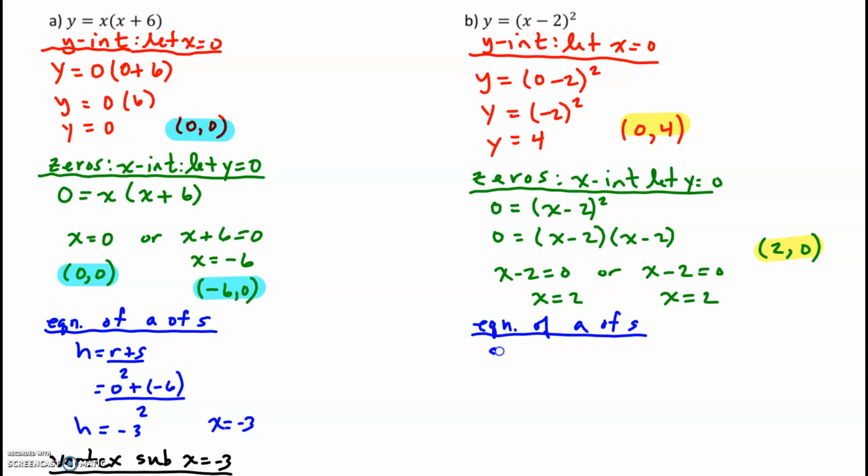Since there is only 1 zero, that means it is also the vertex.